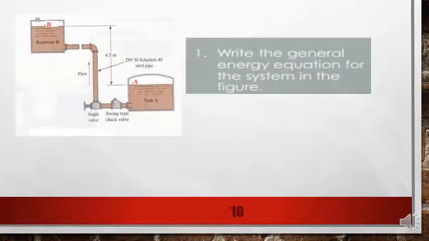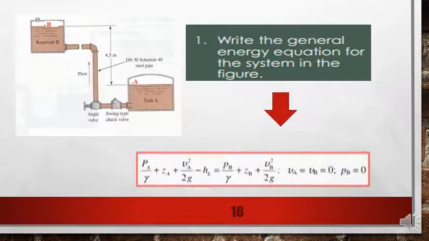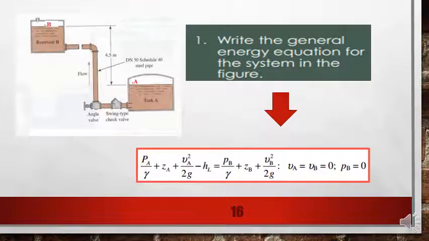First, you need to write down the energy equation involved in the system. The energy equation is the extension of Bernoulli's equation. Here we have 2 points, point A and point B, so just identify which terms are involved.